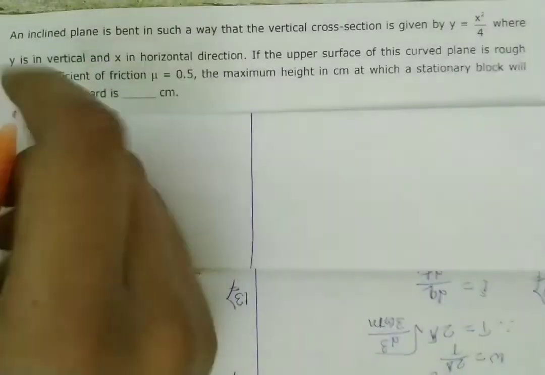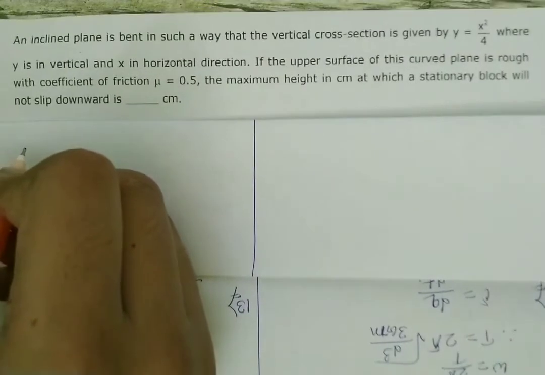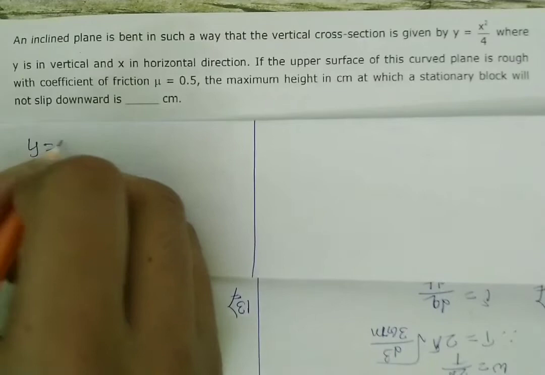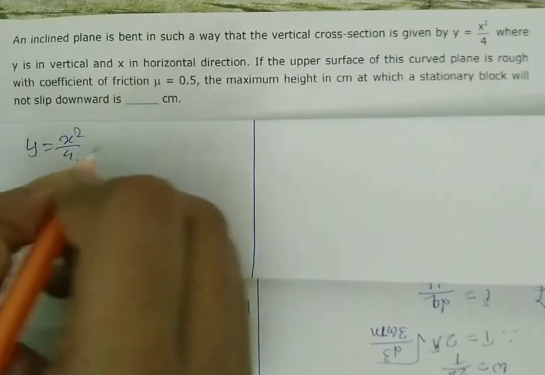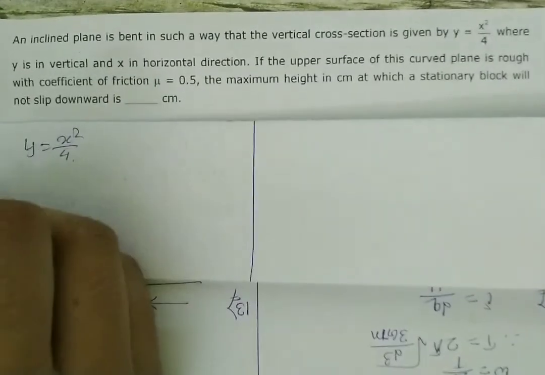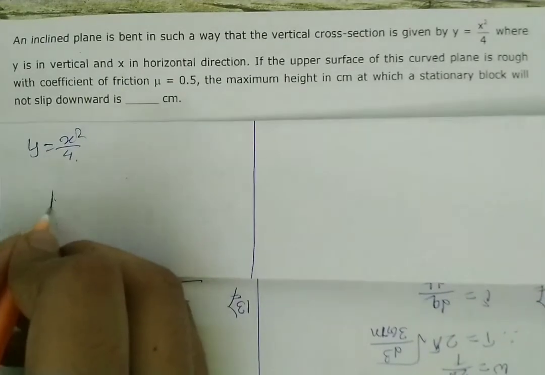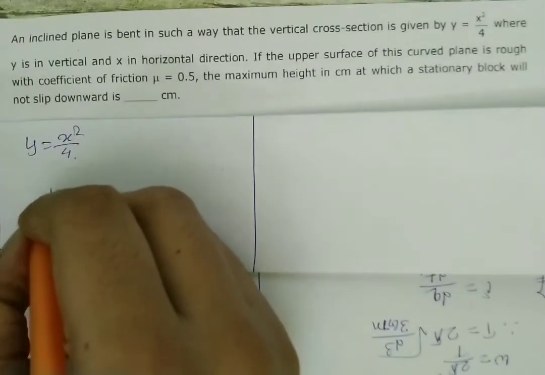And the equation of the inclined plane is given, that is y equals x square by 4, like this. Here is the block.